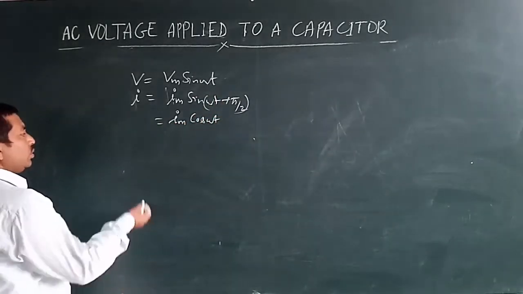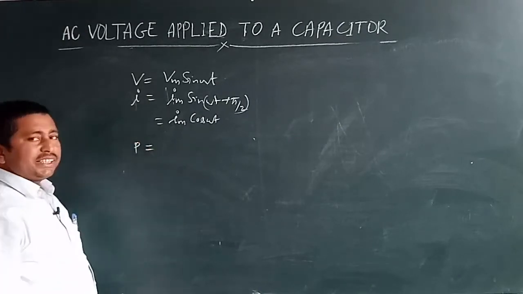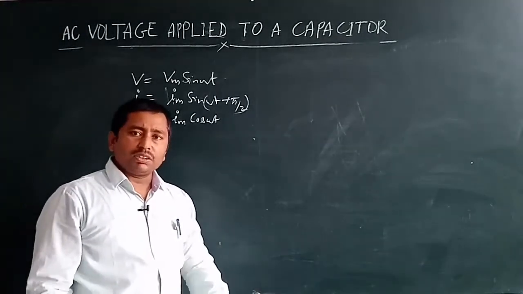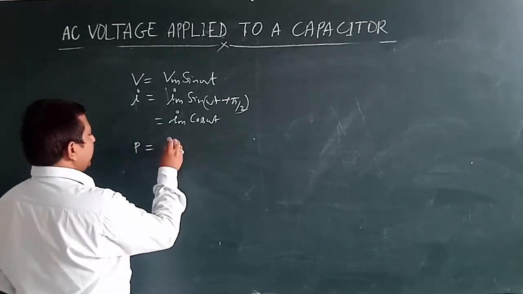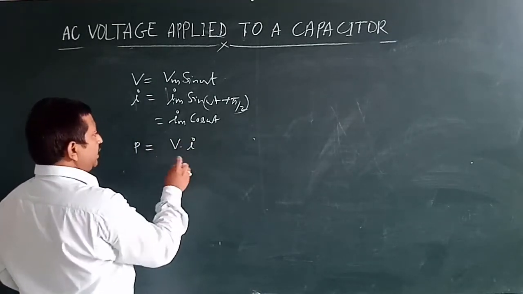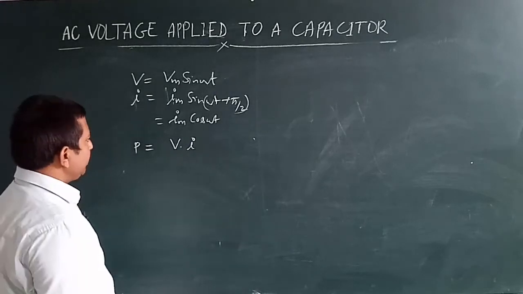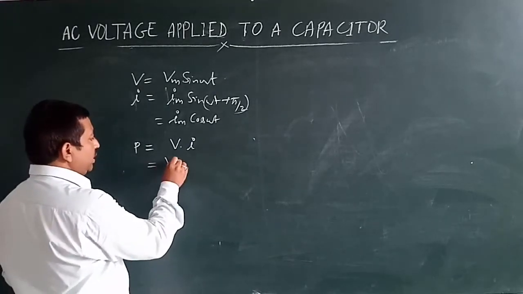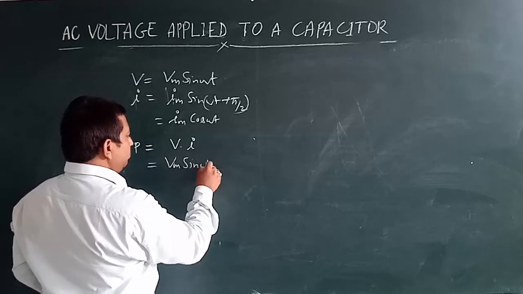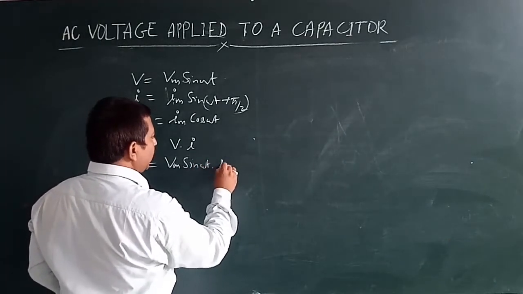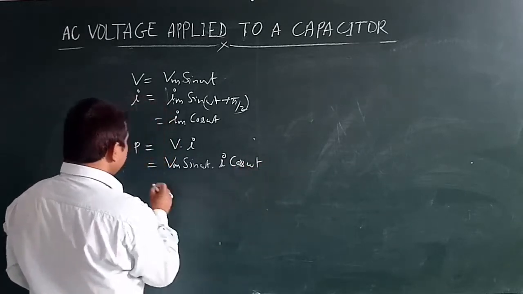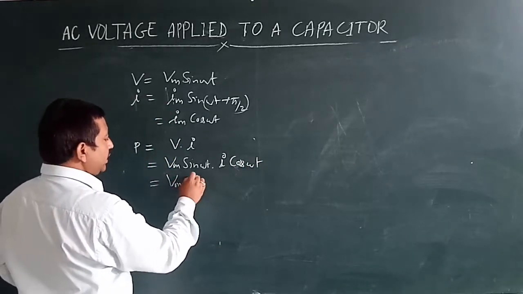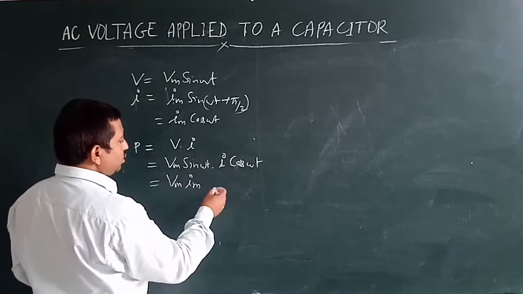If you want to calculate the instantaneous power drop across the capacitor, then we can directly multiply the potential and current flowing through the capacitor. So this will be equal to Vm sin omega t dot Im cos omega t. So from here we get Vm Im sin omega t dot cos omega t.